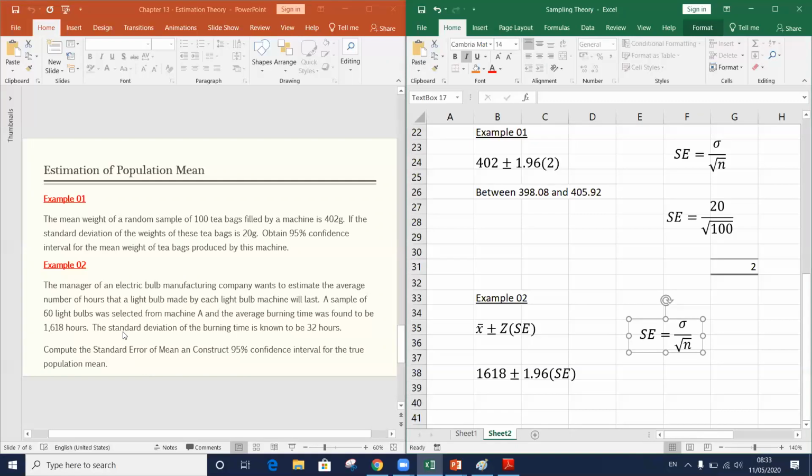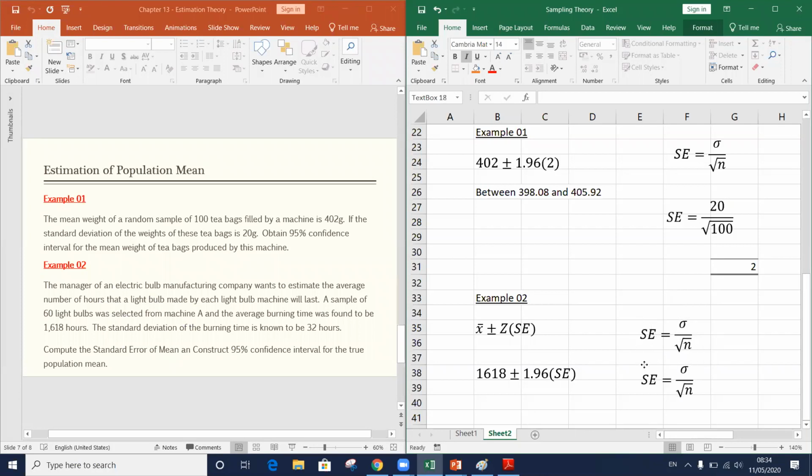Right? මෙතනදි population එකේ bulb කීයක් තියෙනවද කියලා අපිට මුකුත් information දෙන්නේ නැහැ. Right? So the population size is unknown. Therefore, we have to use this formula, if the population size is unknown.